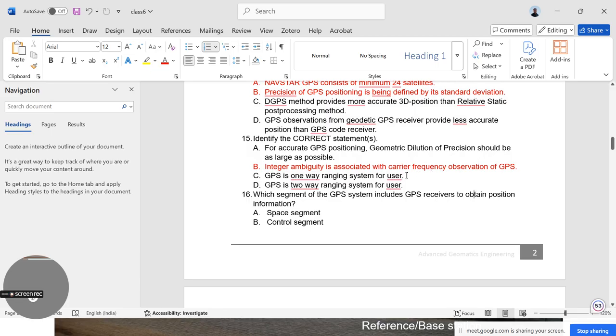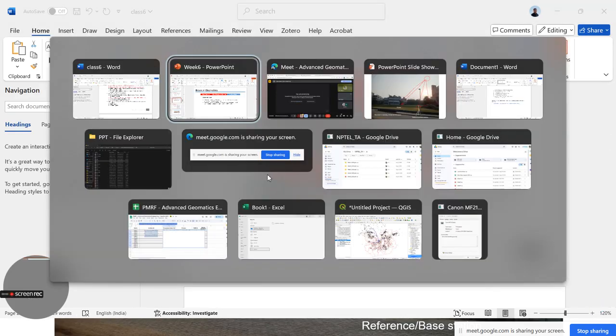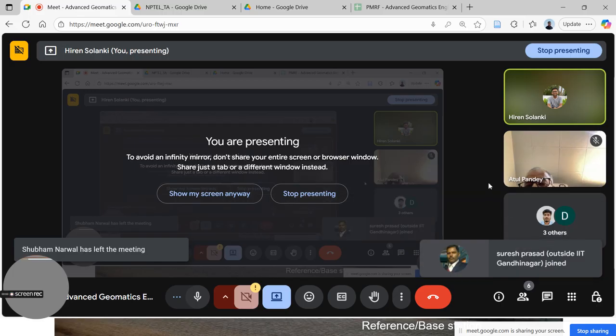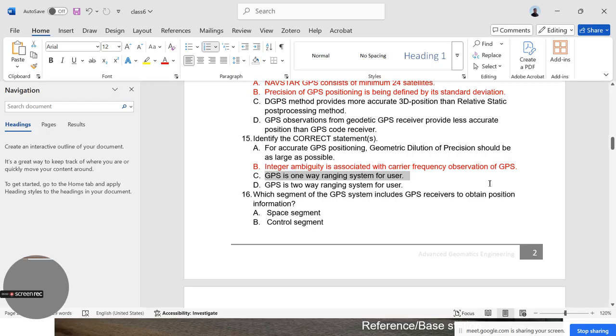But when we talk about control stations, then they can communicate with the satellite both ways, so we can get data from the satellite at the control station, and we can also give our data to satellites.